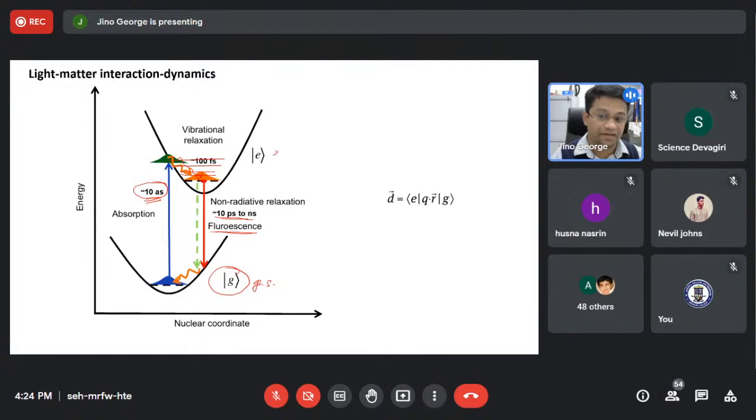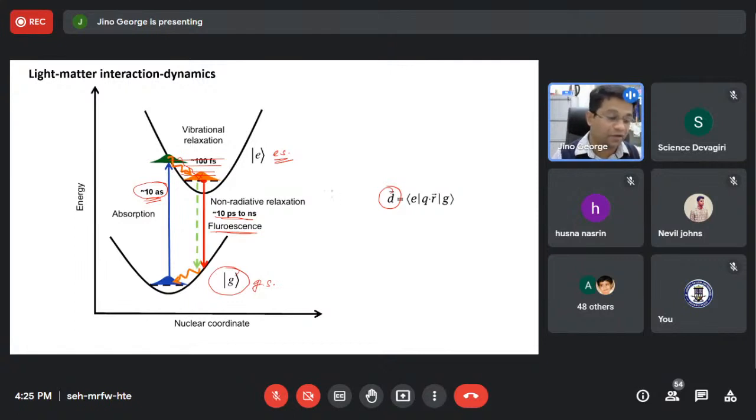This is the excited state. So what happens here, you can define the transition as something called oscillator strength, which is connected to the transition dipole moment. That means the population will always be here, right? And you get a probability. That's what the Franck-Condon principle defines.